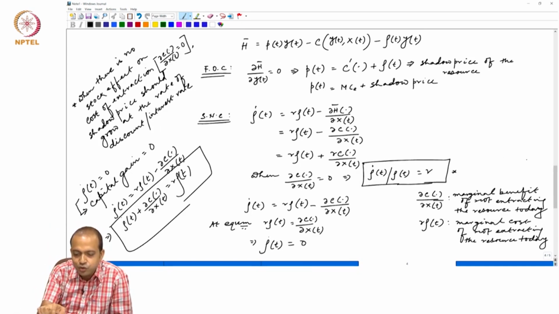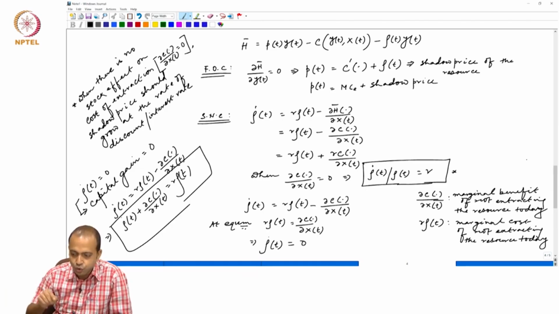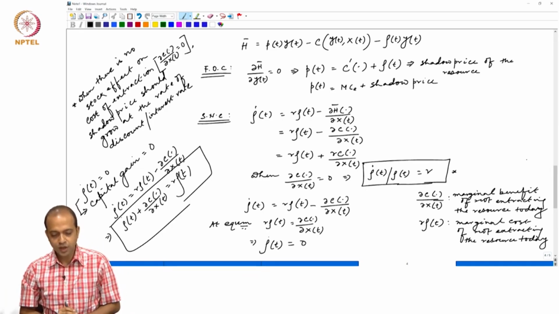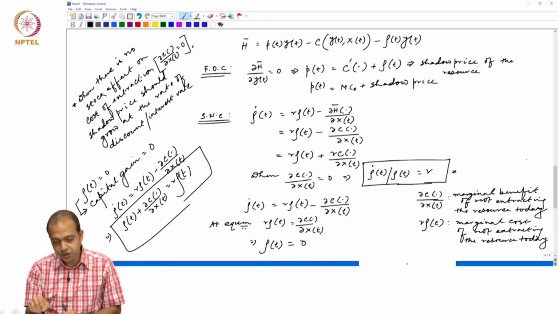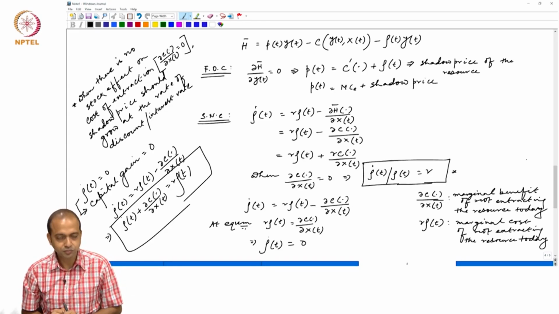This is simply net revenue minus the opportunity cost of extracting the resource today: rho_t into y_t, the amount we have subtracted, and rho_t is what we call the shadow price of the resource. So, if you differentiate, the first order condition gives price equals marginal cost of extraction plus the shadow price.